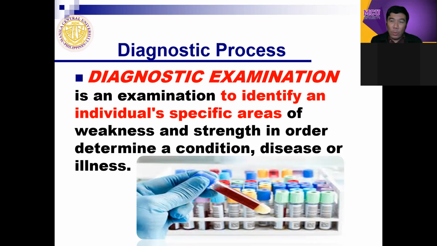If it is related to the urinary system, then the client will be subject to urinalysis. And if the problem is more on the GI tract and the client is experiencing diarrhea or bowel discomfort, then probably the client will be subject to a stool analysis or fecalysis.